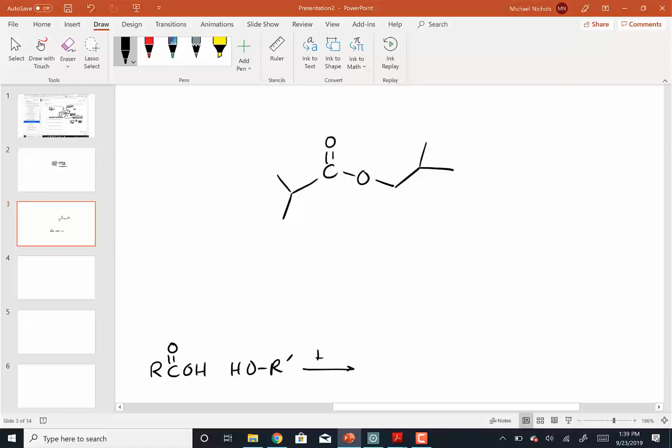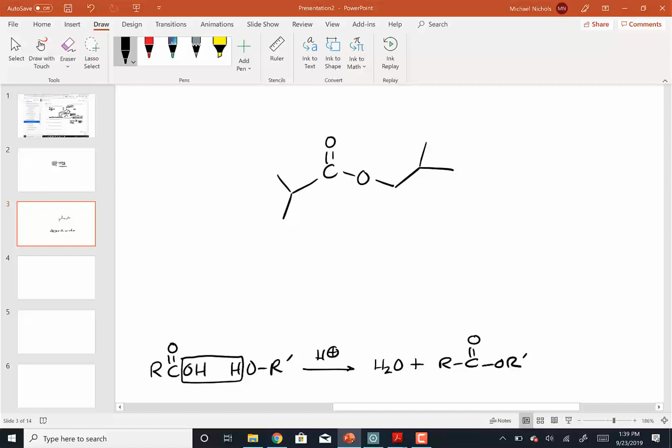Usually in the presence of an acid catalyst like sulfuric or phosphoric acid. We will learn this next semester. This is called Fischer Esterification. And what happens in this case is that we lose water in the process.